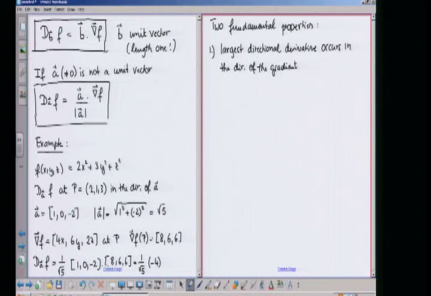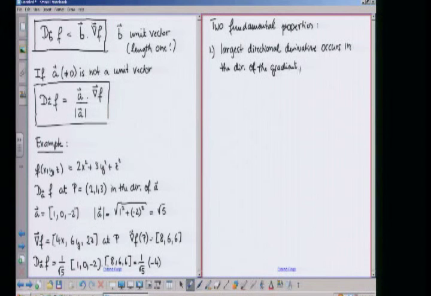So if you have a height profile, for example, for a mountain range, right, you would know in which direction the height profile is changing the most, namely in the direction of the gradient, and this is where the water will run down, right? So this has very practical implications. It might be very theoretical, but if you picture a problem where you would need this, you immediately see the practical purpose of this, okay?